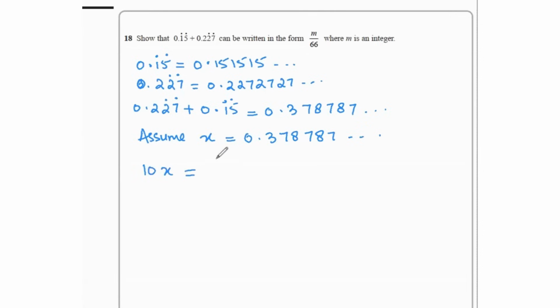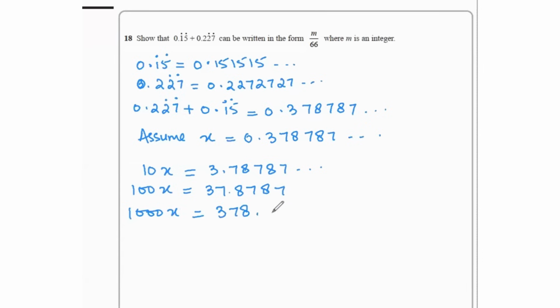That gives us 3.787 and so on. When you multiply x with 100, that gives us 37.8787. And you multiply with 1,000, that gives us 378.787, and so on.